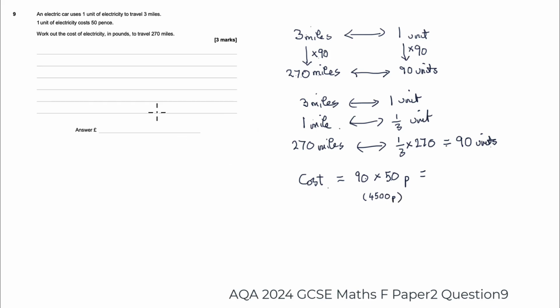Now you are asked to put your answer into pounds, so it would be 45 pounds. There's 100 pence in a pound. 4,500 pence, 45 pounds. So there's your answer, 45, and your working.